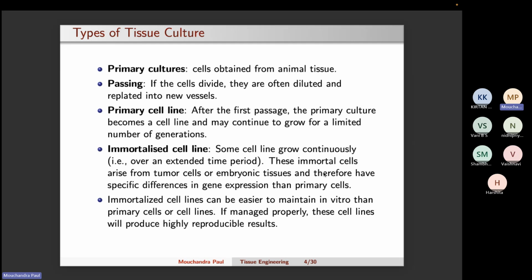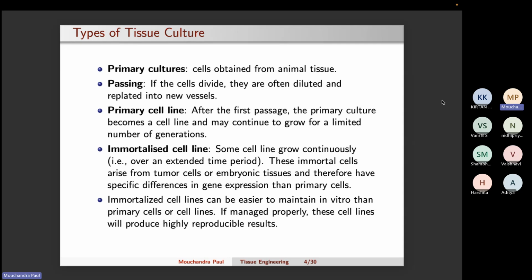Some cells grow very well even after a large number of passages. When they are able to do that, they become a cell line. If the cell was initially taken from animal tissue, it is called a primary cell line.